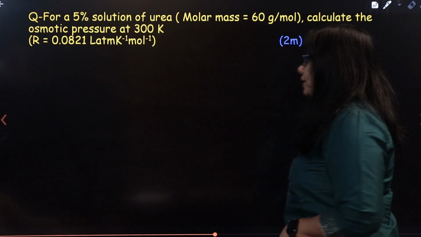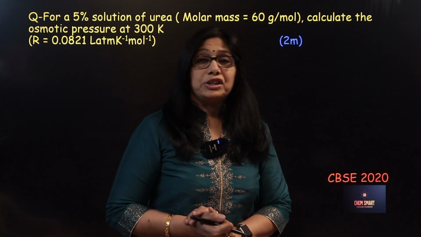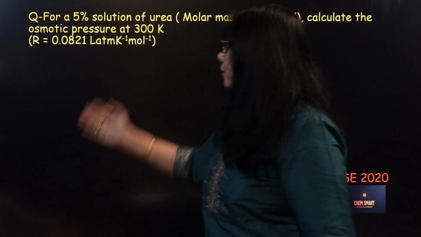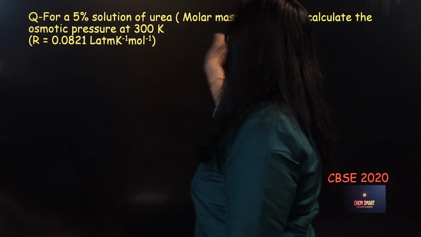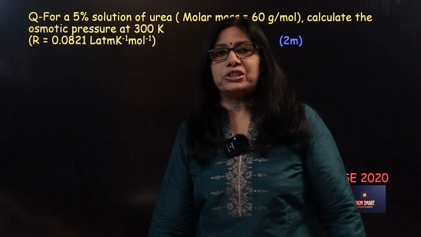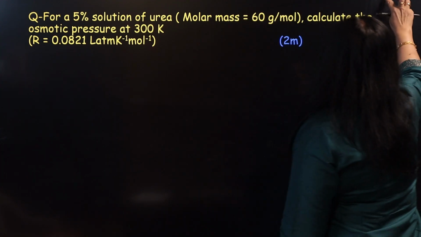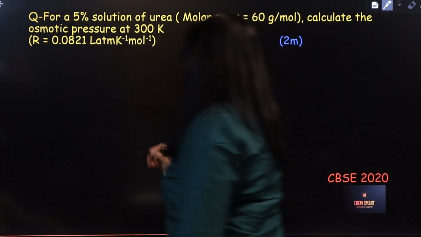Now, the next question. It is also a numerical connected to osmotic pressure. The question is, for a 5% solution of urea, molar mass 60 grams per mole, calculate the osmotic pressure at 300 Kelvin. You are given the R value. And what is the osmotic pressure formula?